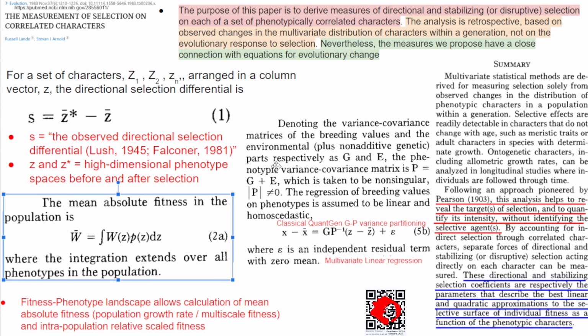We'll continue on. So Lande and Arnold write, denoting the variance-covariance matrices of the breeding values and the environmental plus non-additive genetic parts, respectively, as G and E. So this is part of the classical quantitative genetic partitioning into G, the variational architecture that has a heritable component, again, 3 asterisks, and E, also 3 asterisks, because there's a lot of complexity in this.